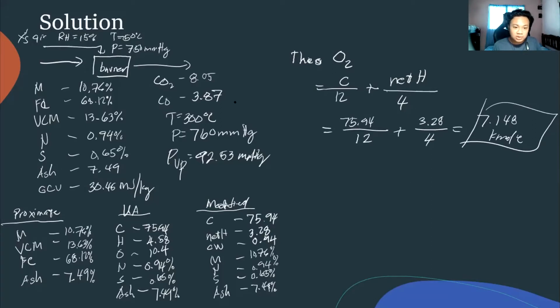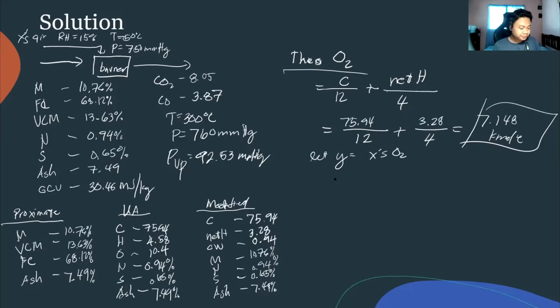Because we don't have the complete analysis of our stack gas, we have to assign a variable first. So let y be equal to the excess O2.